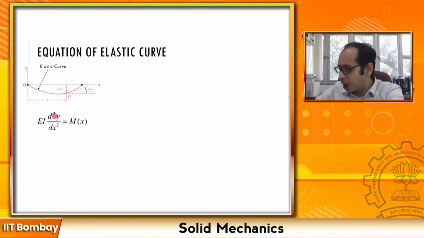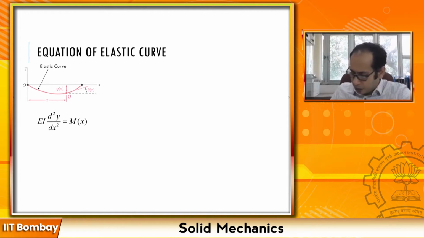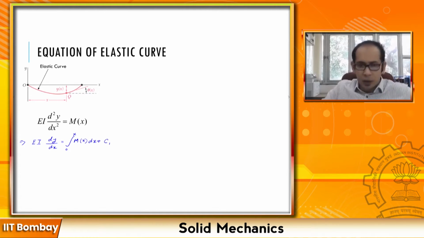Now if you start with this over here, and integrate it once and then twice, let's see what we get. If we integrate it once, what we will get is the first integration.